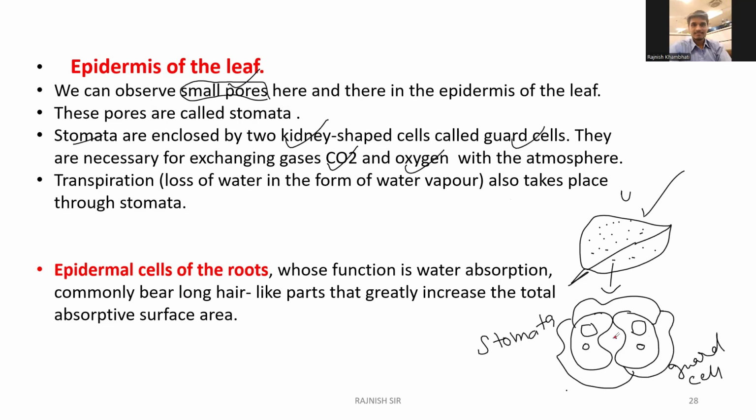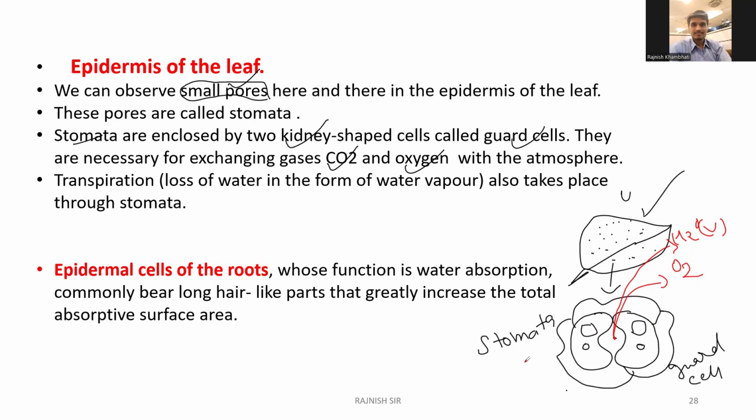Like from this, oxygen will come out, and along with the oxygen, water also comes out in the vapor form, which is known as transpiration. When water is getting lost by the stomata in a vapor form into atmosphere is known as transpiration. So oxygen and water is coming out.